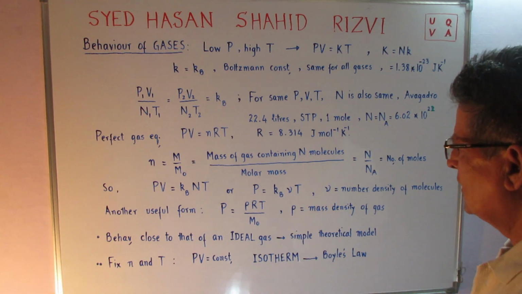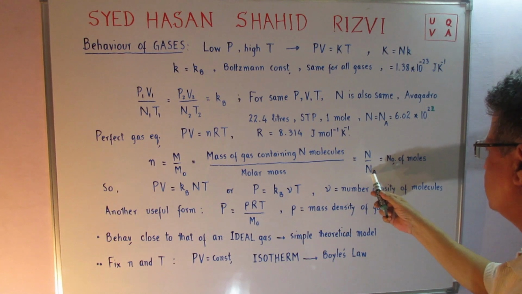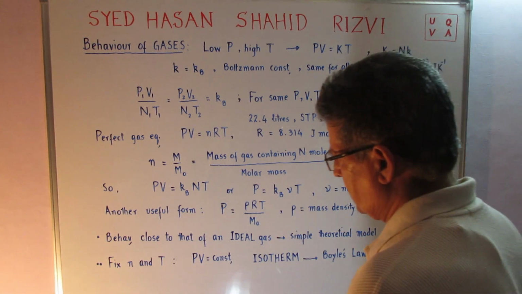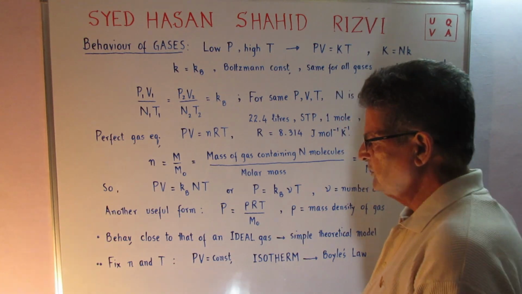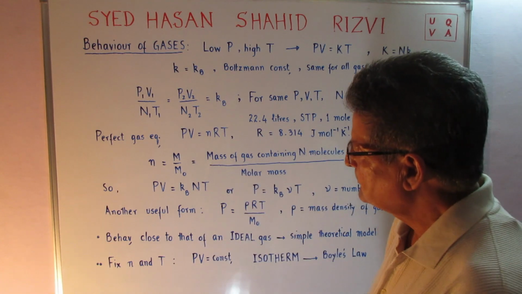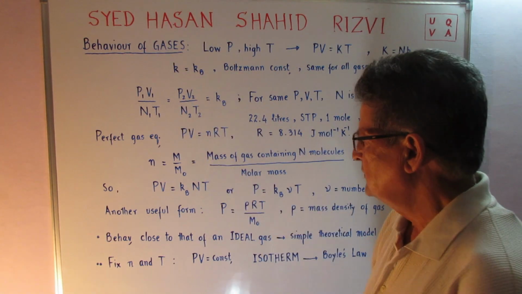So this got to be a number, and this is given by N divided by Na, and this is the number of moles. So what we have is, we can write PV is equal to Kb times N T from this set of relations.